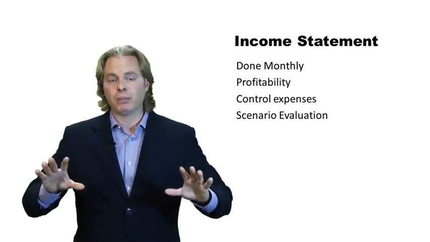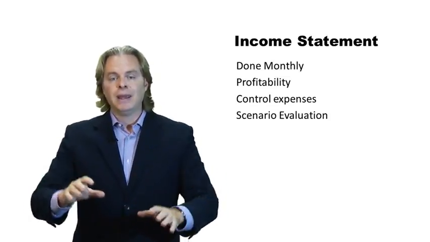Now, the way that we're going to put these together is you're going to use one Excel file, and one sheet of Excel will be your cash flow statement, and one sheet will be your income statement, and they're going to be linked. And this is one of the best pieces of advice I can give you. Link everything. Link everything. Because when you're evaluating your business, you go, well, what if we charge a little bit more for this product?